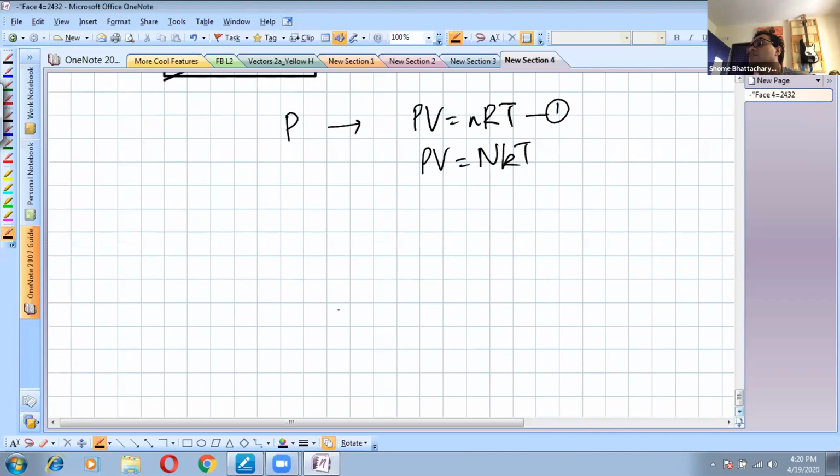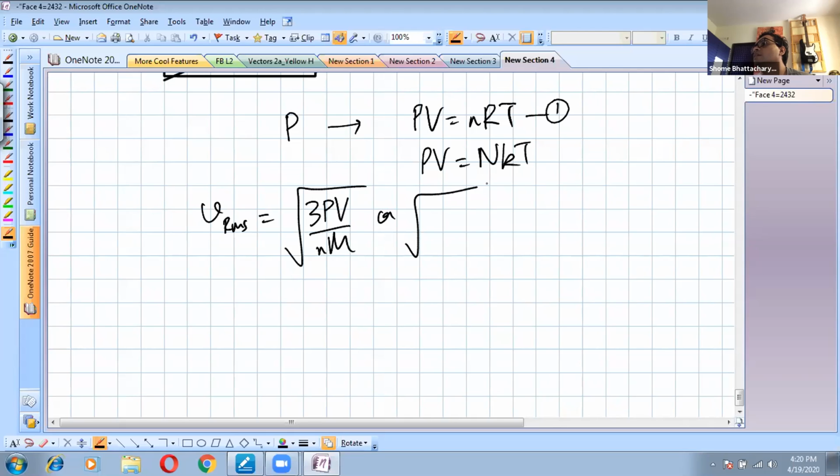And the other equation that we have is that the RMS speed is equal to square root of 3PV divided by N into capital M, or we can also write it as square root of 3PV divided by capital N into small m. That is number of molecules into molecular mass, or number of moles into molar mass, whichever.